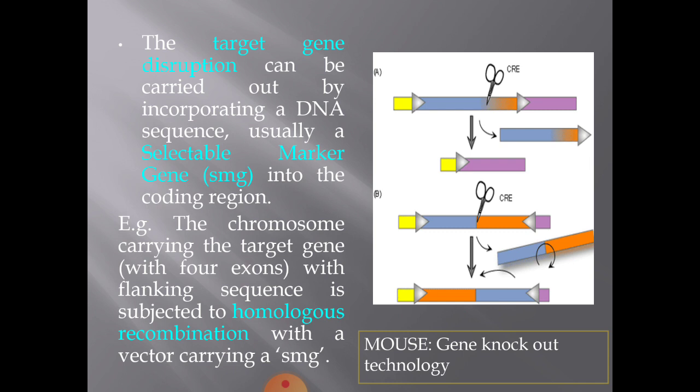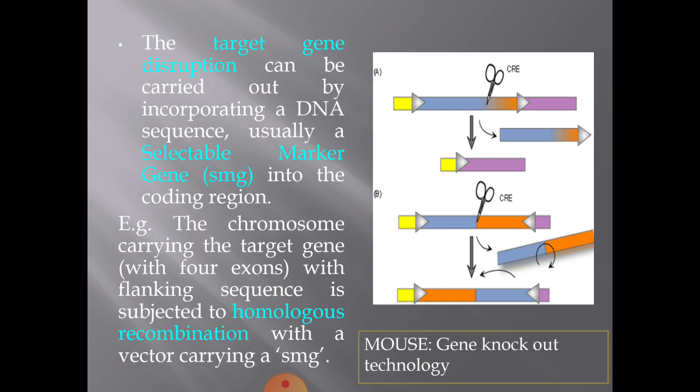What is done here is that the chromosome carrying the target gene with exons, by now you must know exons and introns, with flanking sequences, is subjected to homologous recombination with a vector carrying an SMG, or selectable marker gene.